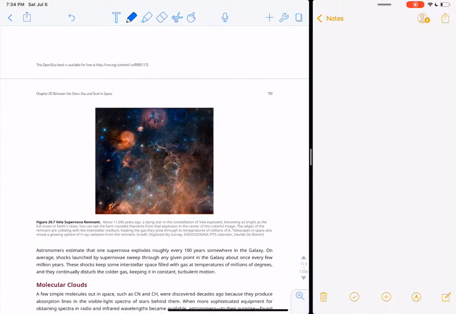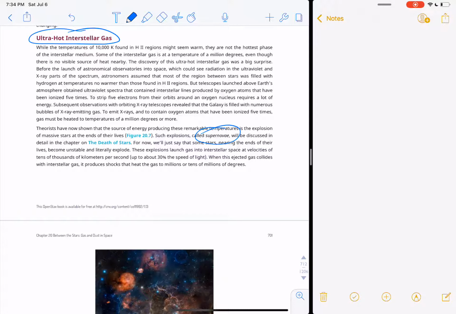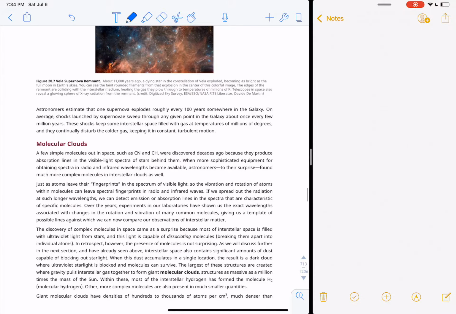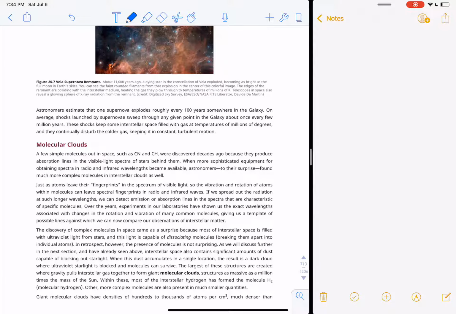In order for that to happen, you need very high temperatures. That usually occurs around a supernova, when a star explodes and puts so much energy out into space that it can heat up gas to millions or tens of millions of degrees. At that point Celsius, Fahrenheit and Kelvin are all the same: millions of degrees.